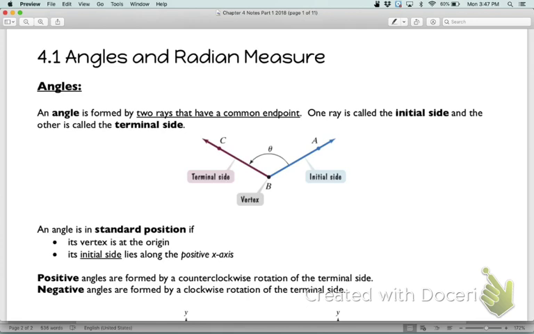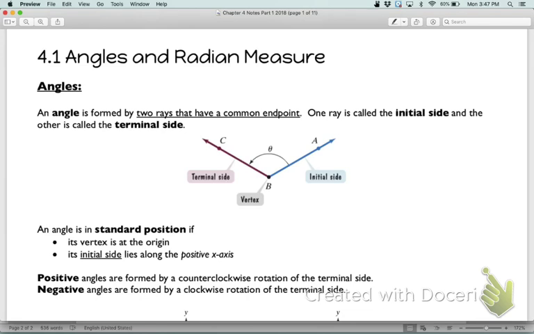So first we're going to standardize our vocabulary about an angle. An angle is defined as two rays that have a common endpoint. You probably know that already from geometry. Now what's a little bit different in this class is those two sides are not the same. You have one side, in this case BA, which is the initial side.